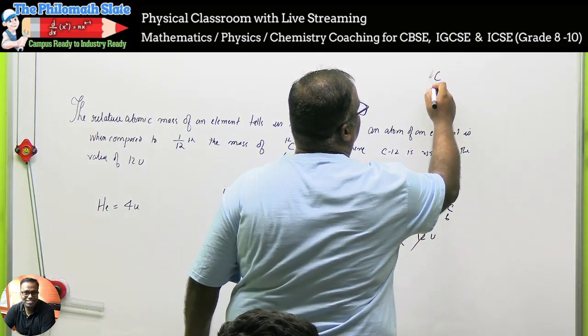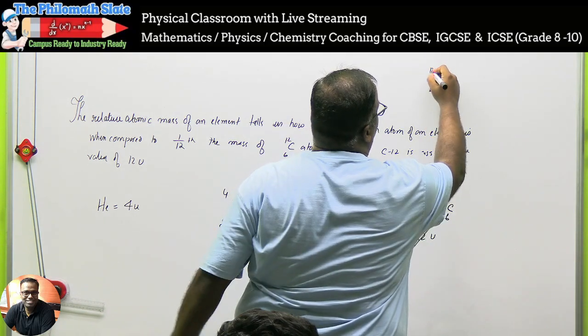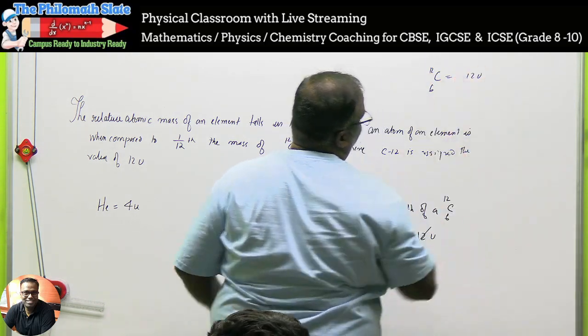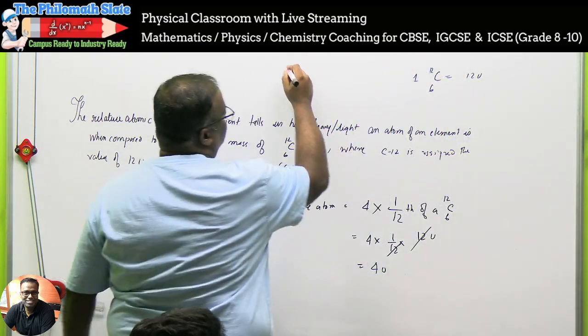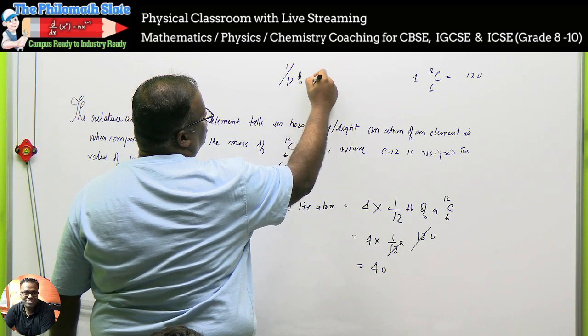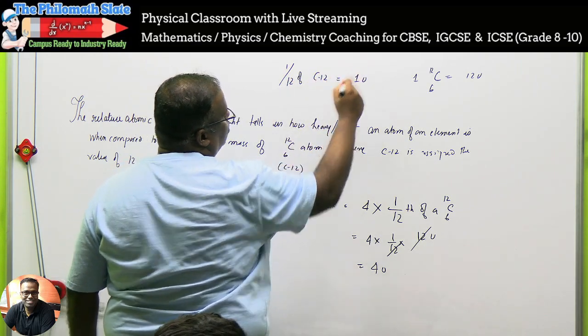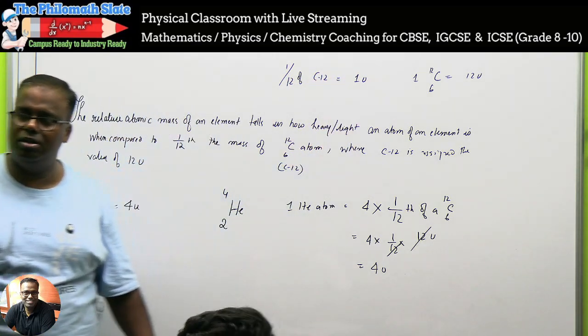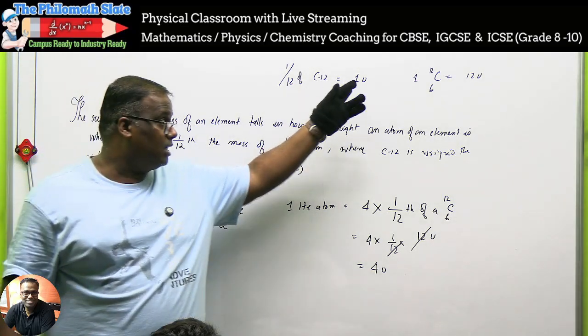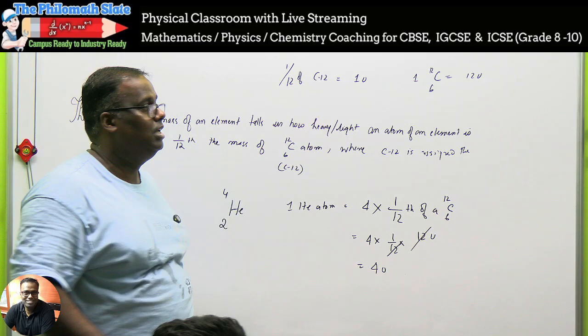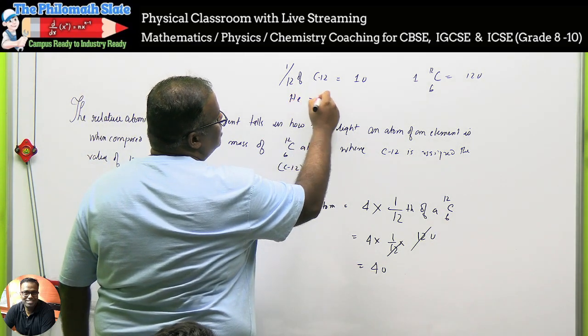What is carbon 12? How much have I assigned it? 12U. One carbon 12 is 12U. So 1/12 of carbon 12 is how much? 1U. Understood? This helium is 4 times that. Helium is 4U.